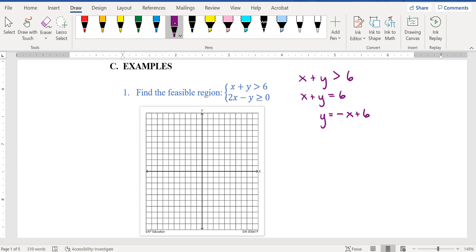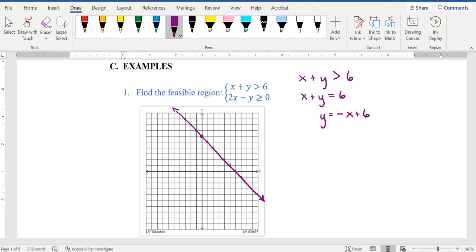So 1, 2, 3, 4, 5, 6, and my slope is negative 1. My line is here.